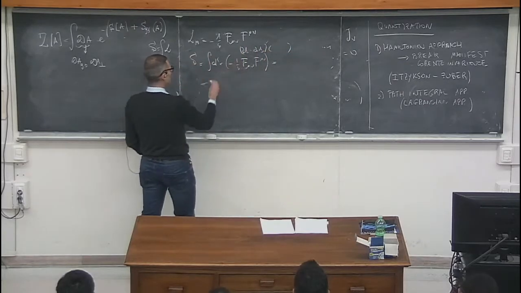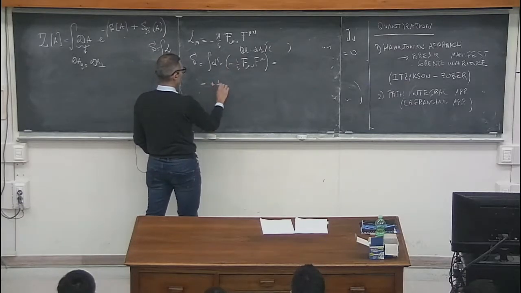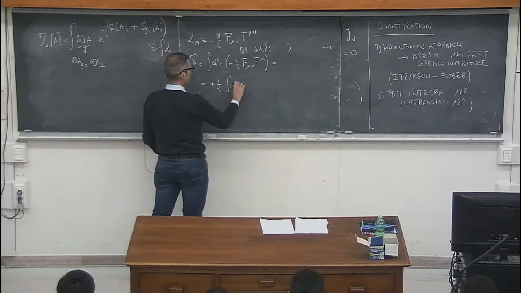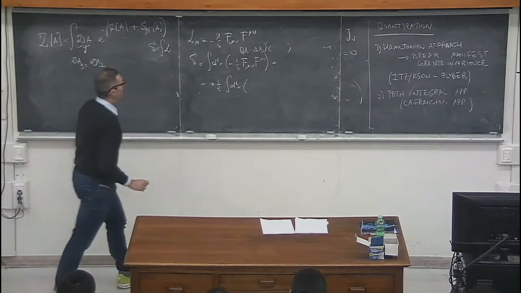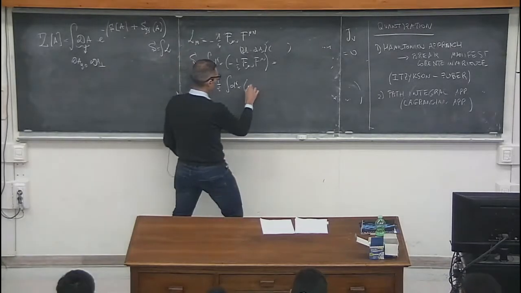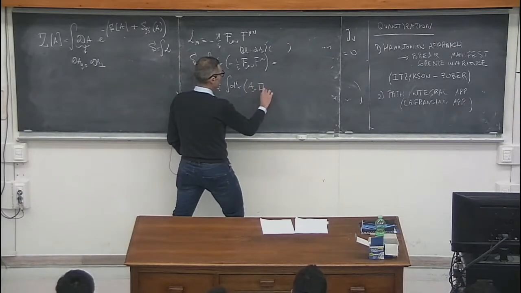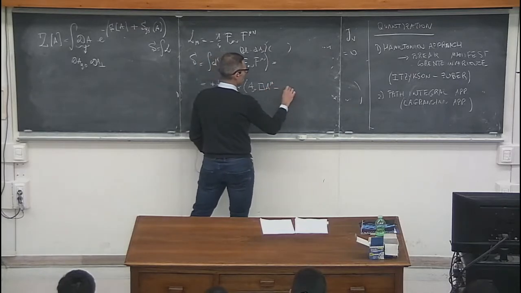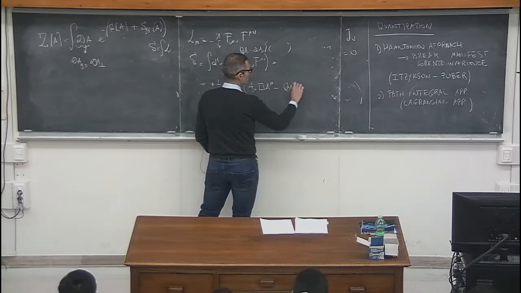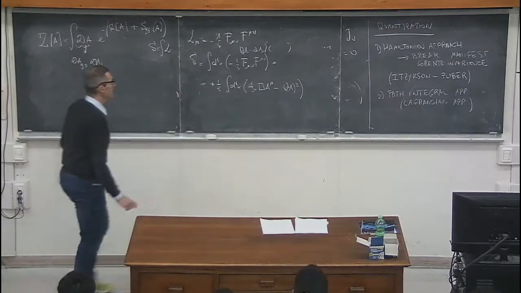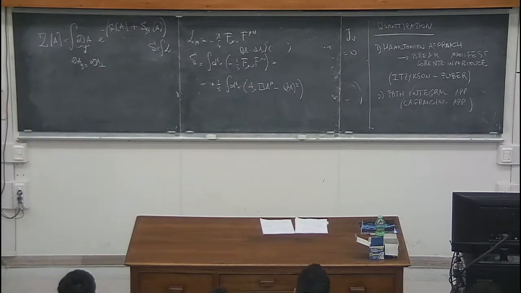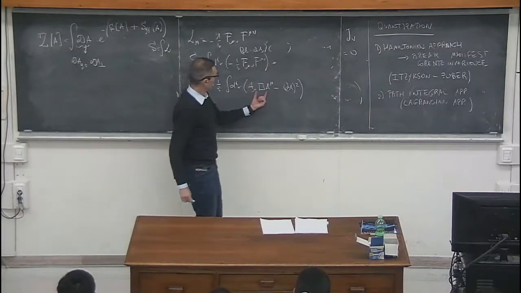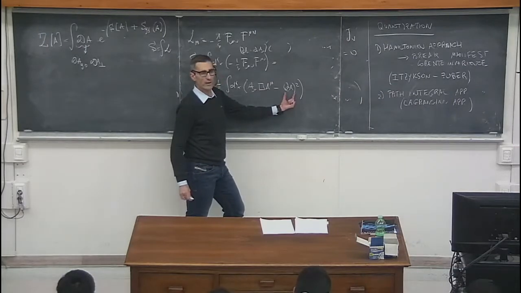If I do partial integration, I get plus 1/2 integral d^4x, and this can be written as A_mu box A^mu minus (d dot A) squared. Here this is just the box, and this is just the square of the divergence of these fields.